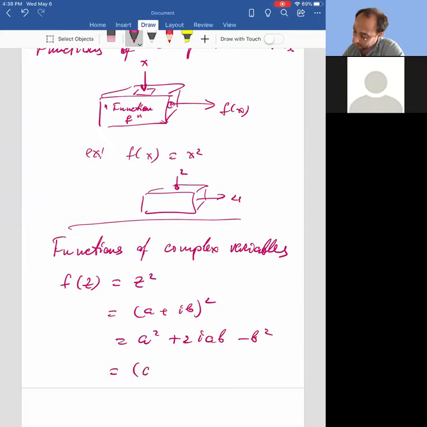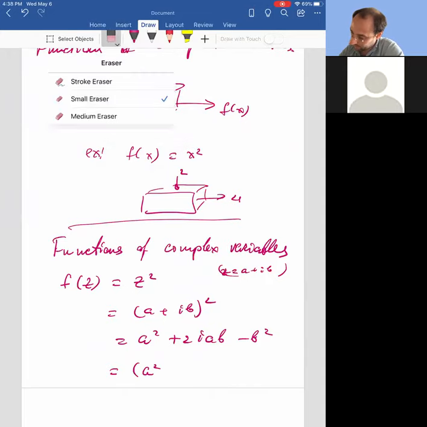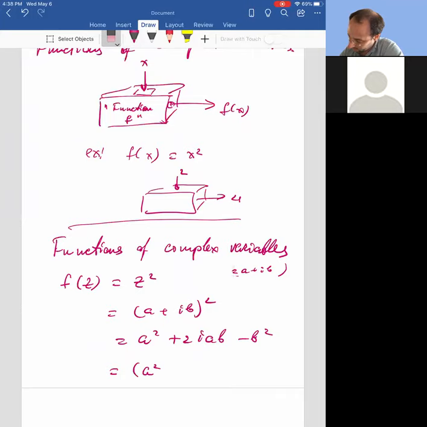So the real part of this function is going to be this concoction of the parts of z: its real part squared minus the imaginary part squared, plus i times 2ab.